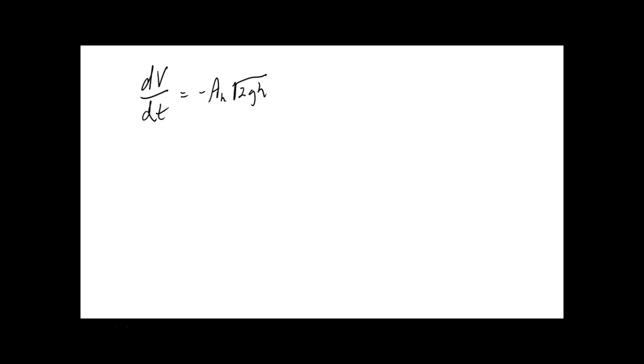They can adjust this slightly, and this is where Torricelli's law comes into play. If you have the tank here with a little hole down here, this is your area of the hole, and that determines a lot, okay?